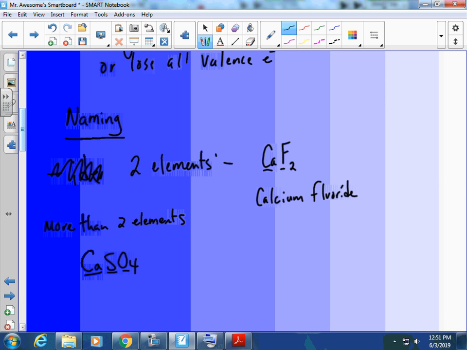Most of the time, the polyatomic ion is going to be some combination of the end pieces, so just name the first one and then look up the rest of it, figure out what that polyatomic ion is on the back of the periodic table. If I look up SO4, I'm going to see that it's sulfate, so calcium sulfate.